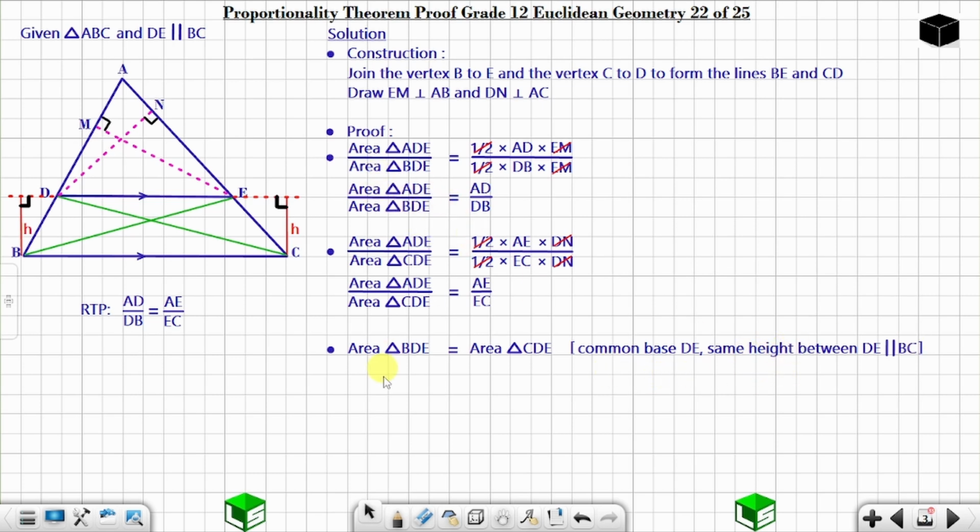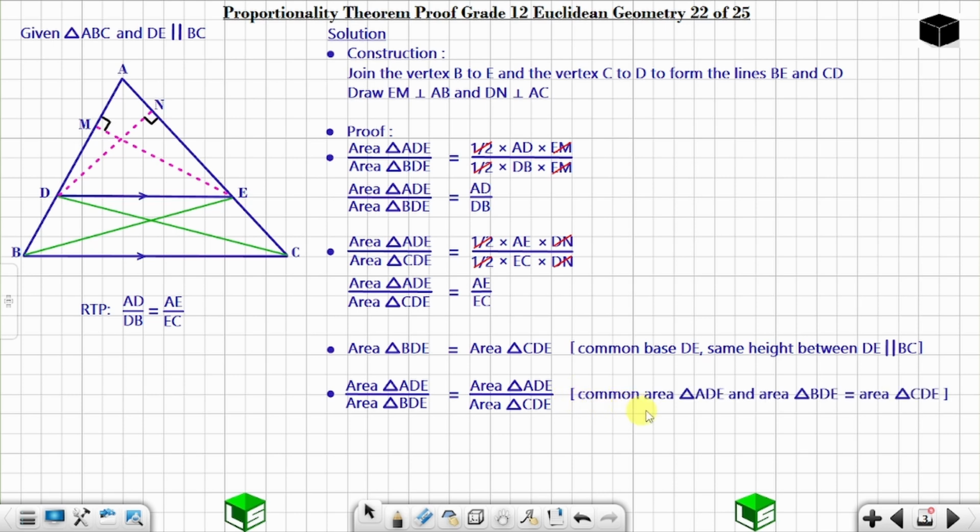So this ratio is equal to this ratio. So the reason is common area of triangle ADE in the numerator, and in the denominator you have the area of this triangle is equal to the area of this triangle.